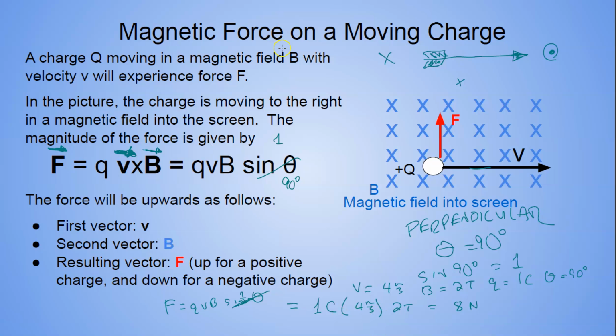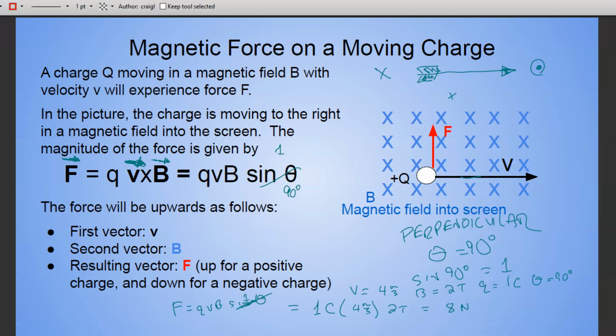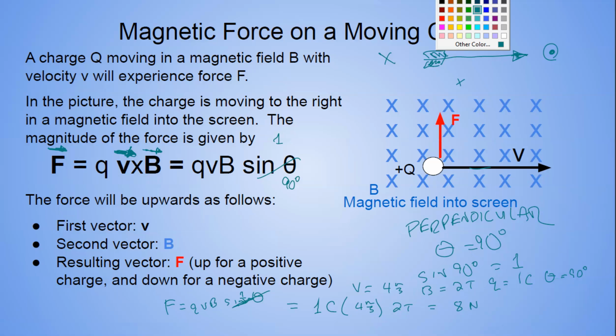If you want to see the gory details on that, here we go. What happens here is you've got coulombs right there. I'm going to take that second and scoot it up underneath the coulomb there.